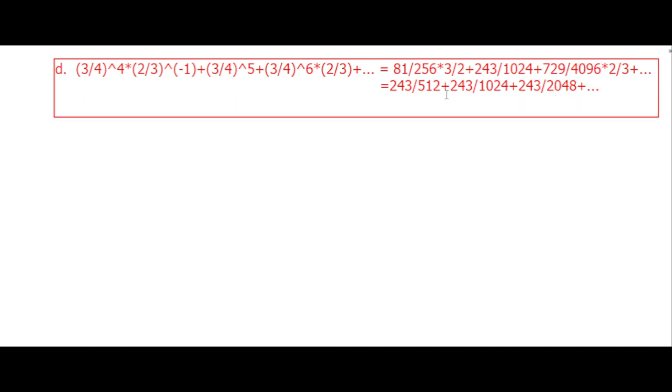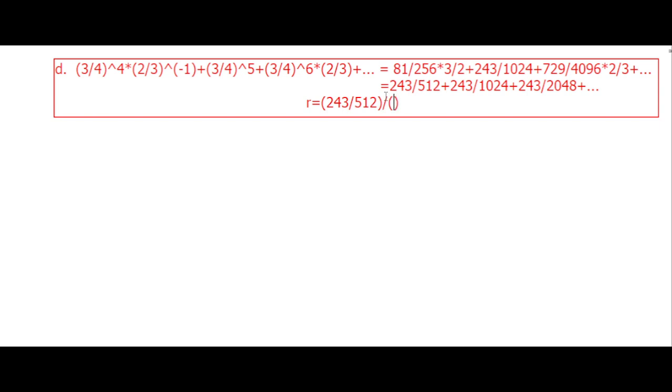After this, let's compute the common ratio R, which is equal to this term divided by 243 over 512. So R equals 243 over 1024 over 243 over 512.